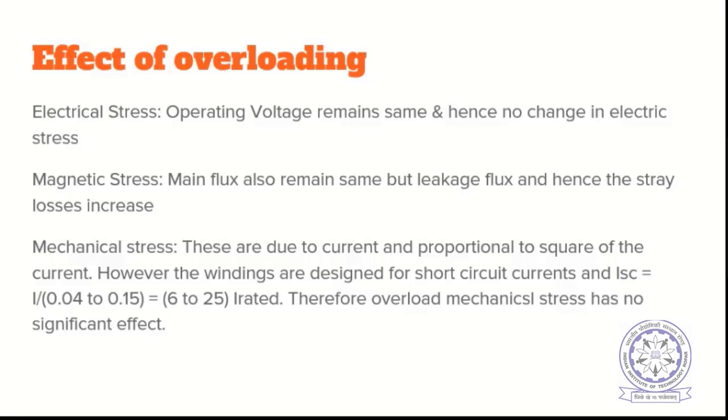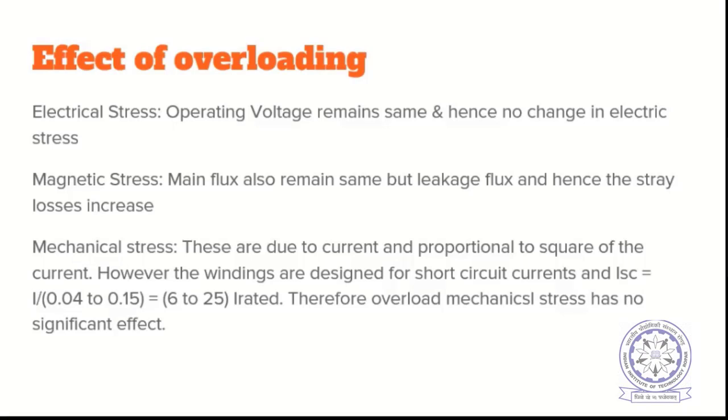Actually, the total flux is the vector addition of two fluxes, the leakage flux and the main flux. I'm saying it's a perpendicular addition, and because the main flux remains same when the current increases, the secondary side current will also increase.